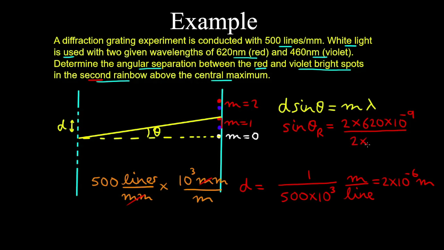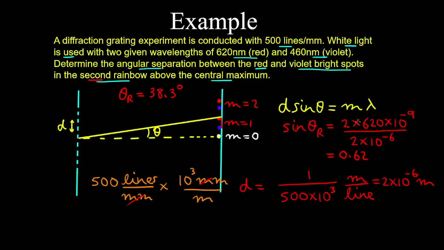So that would be 2 by 10 to the minus 6 meters. So calculating this out gives 0.62. And taking the arc sine of 0.62 gives theta r as 38.3 degrees.